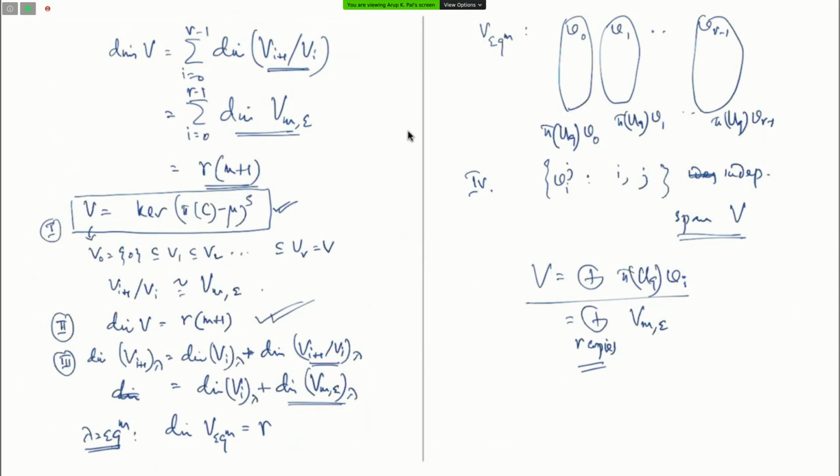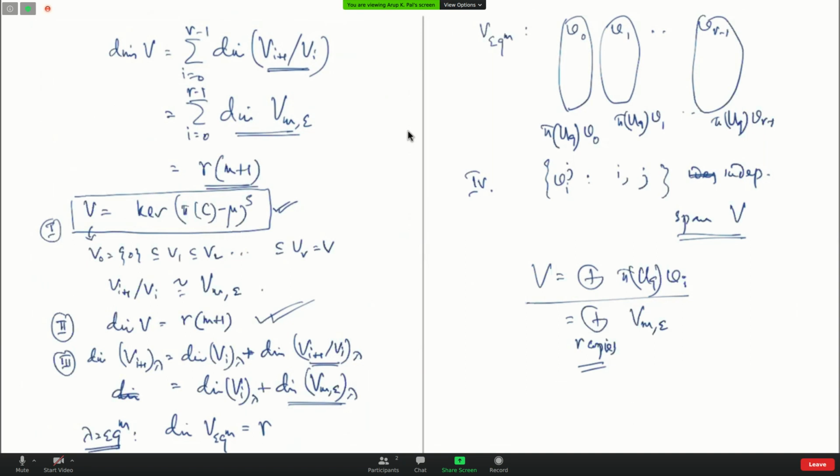Right. I think I'll stop today at this stage. So you go through the proof and then you just try to write down the entire proof without any gaps.